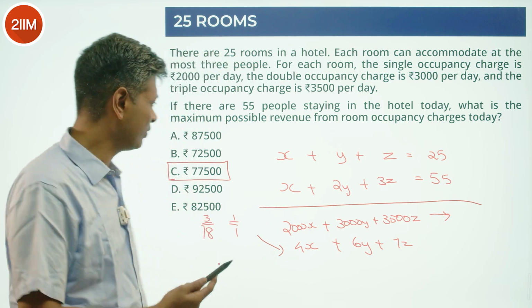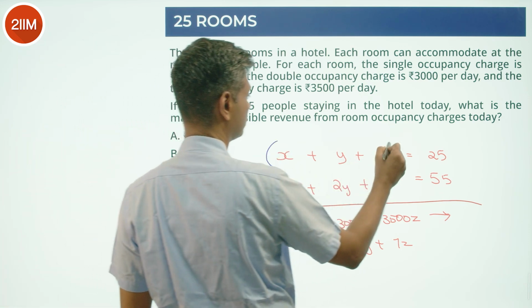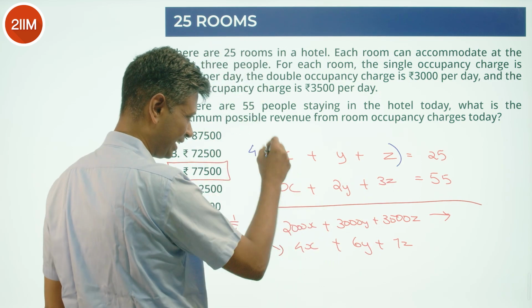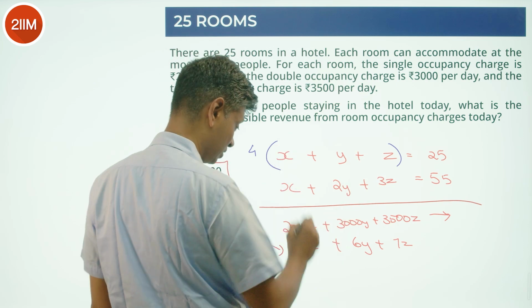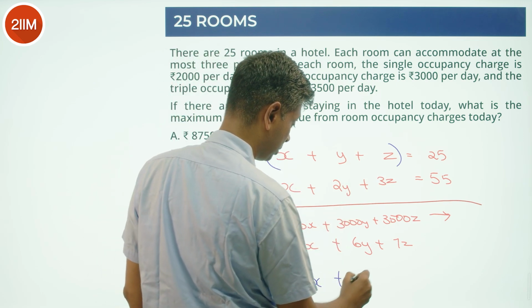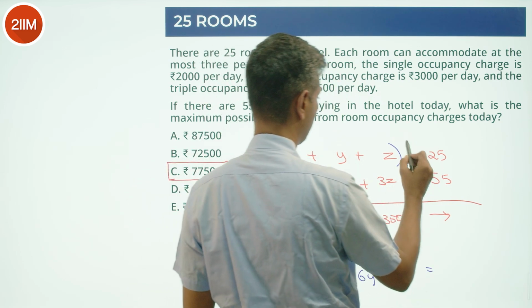One way of thinking about it, again, I'm not recommending this: I multiply this by 4 and add these two. 4y plus 2y, 6y, 4y plus 3z, 7z.